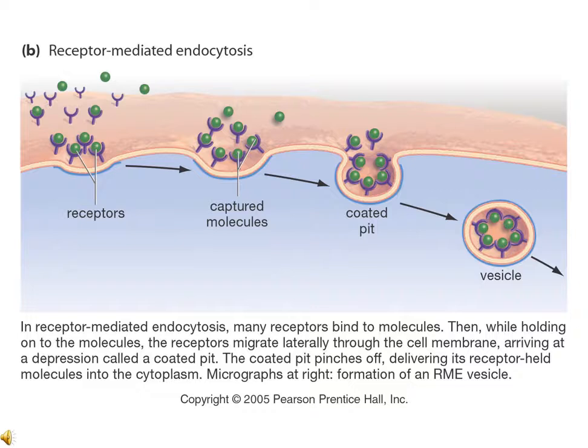When the immune cell comes in contact with a virus, these special receptors will bind to the virus, engulf it, bring it in, and neutralize it. Now, there are many examples of receptor-mediated endocytosis that we cannot go into, but this is a very important process by which cells bring material into their internal structure.